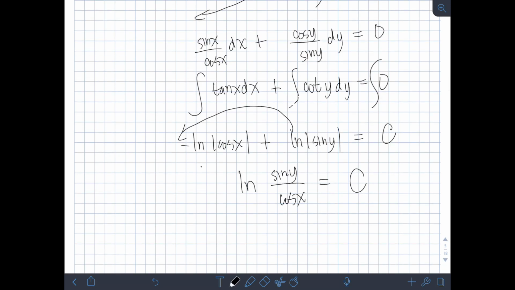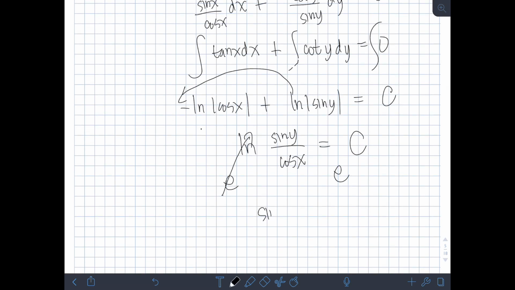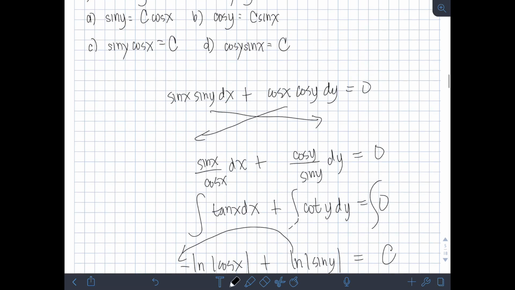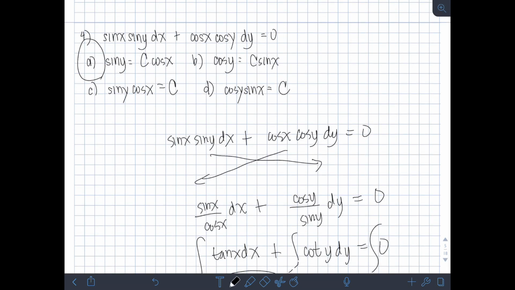Then, pwede natin gawing exponent to, same base e, both sides. So, makakancel dito si ln, matitira sin y over cos x equals e raised to c, gawin na lang nating c sub 1. So, therefore, cross multiply ko dito si cos x, sin y is equal to c sub 1 cos x. So, therefore, the answer is letter A.